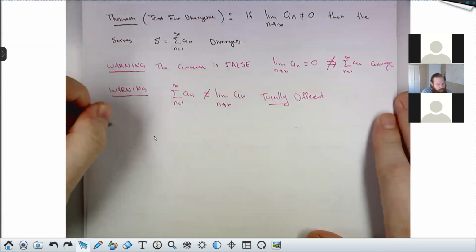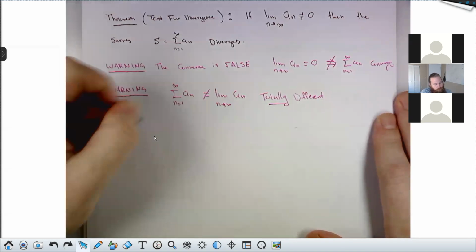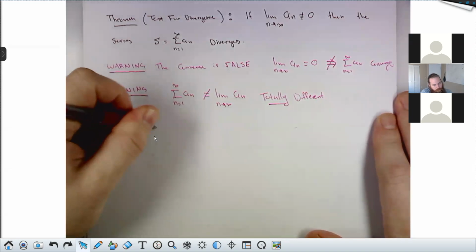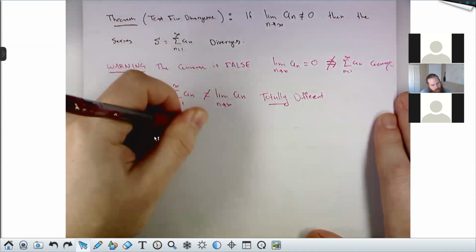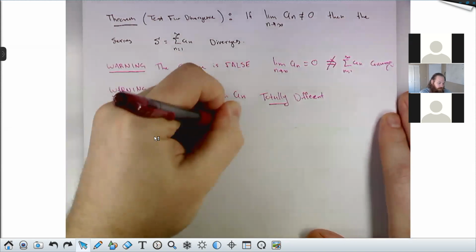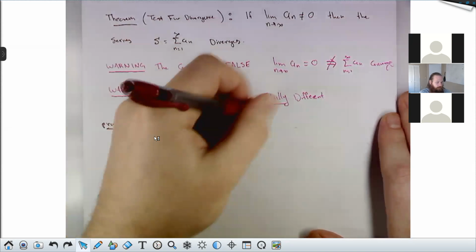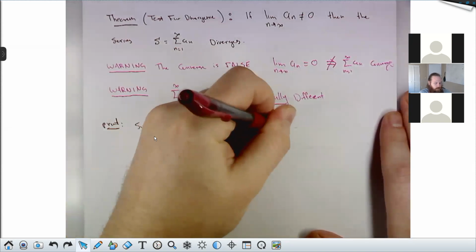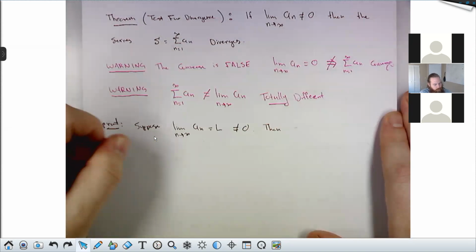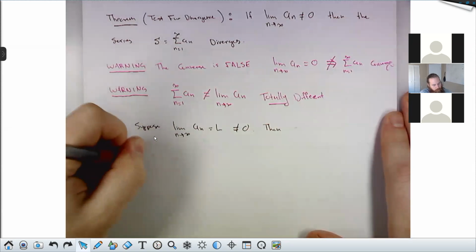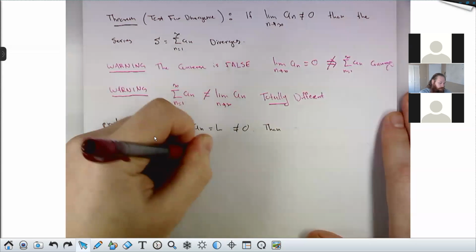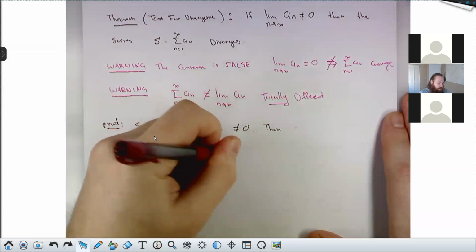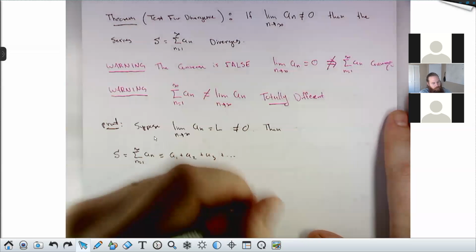So a proof of the theorem, I'll just sketch really quickly. Suppose lim n to infinity AN equals L, and that's not 0. Then S, which is the sum from n equals, we'll say 1 to infinity of the ANs, which is A1 plus A2 plus A3 plus all the way out, on and on forever.